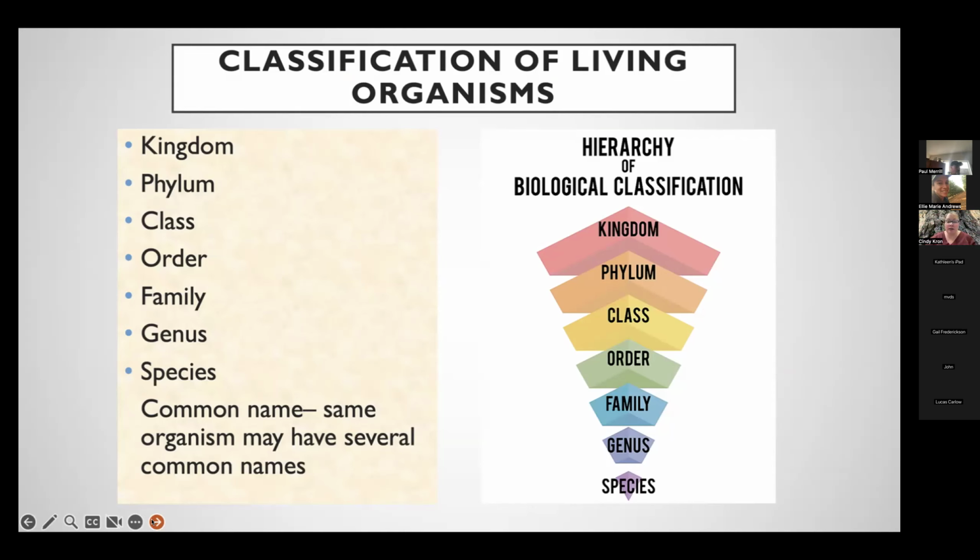Codling moth would be in the order Lepidoptera, which covers moths and butterflies. You don't have to memorize this, but it's important to have a general understanding that as we classify further down in this hierarchy, these groups become smaller and smaller until we're talking about a single insect as a species.